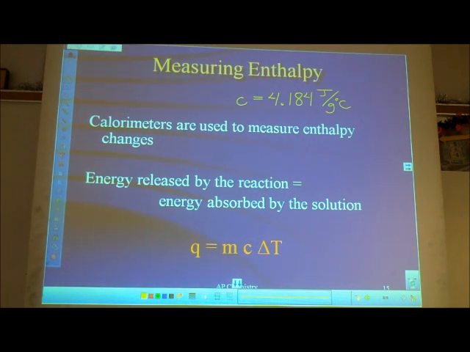Tell me, in which part of this scenario, the pipe or the water, which one will be losing or releasing heat? The pipe. Which means the water must be doing what? Absorbing it. Which piece of this scenario would have its temperature decreasing?